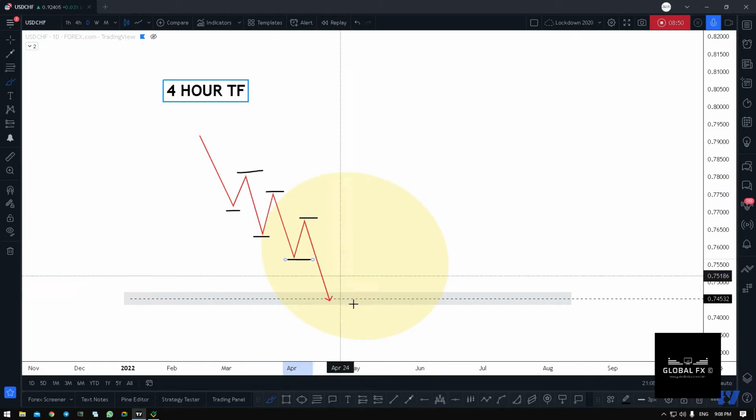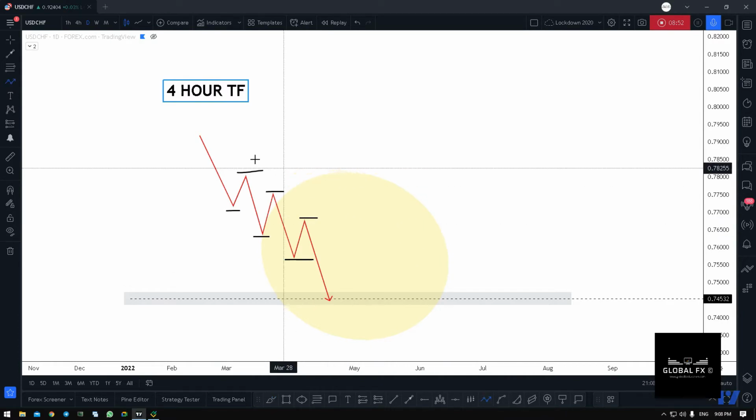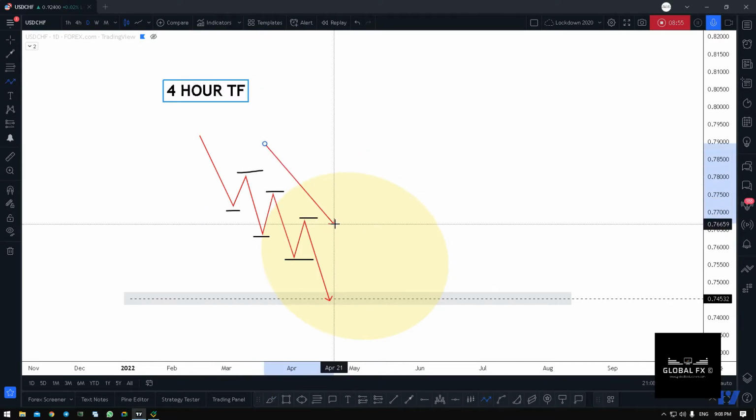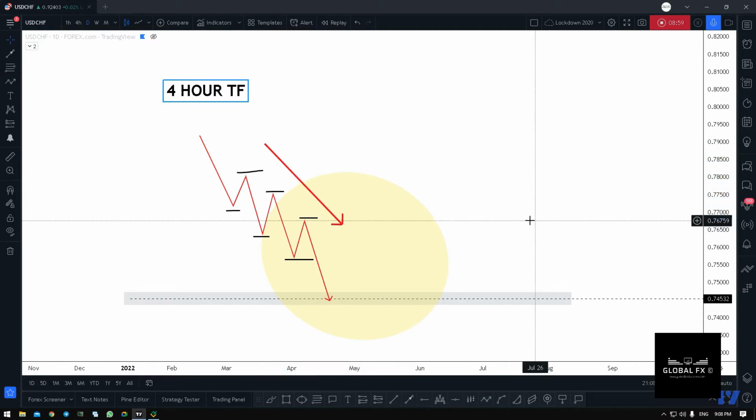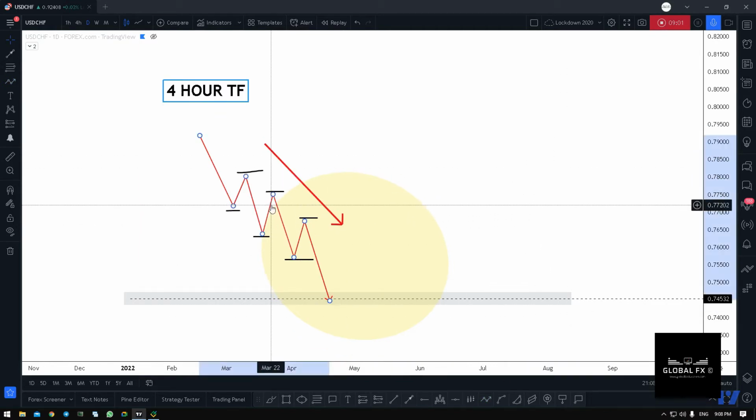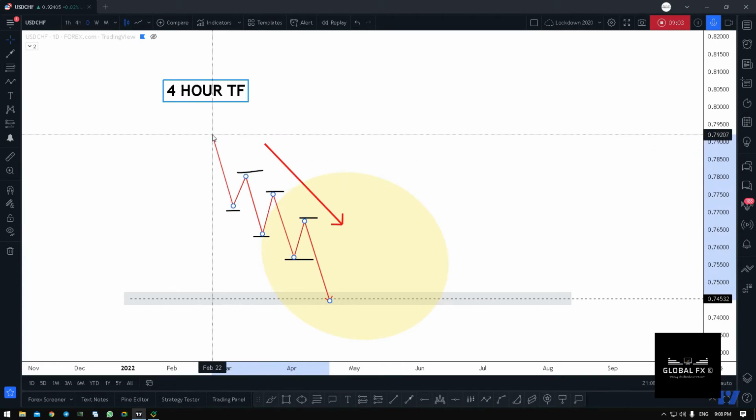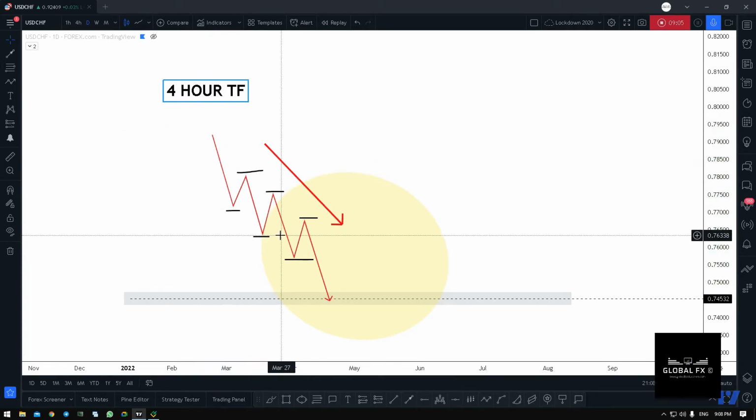So this is typically a bearish market, and a lot of people should know this point. When the market creates this type of momentum, this is a bearish momentum.